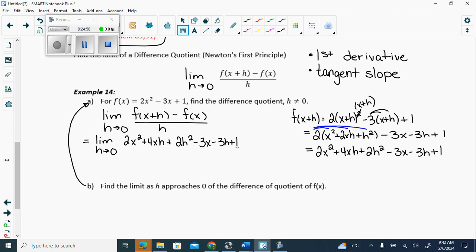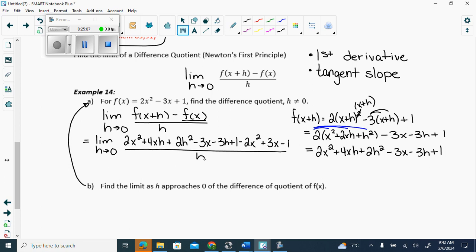So I'm not going to use a bracket, I'm just going to subtract all of f of x, okay? So f of x is 2x squared minus 3x plus 1. When I subtract that, I'm going to get minus 2x squared plus 3x minus 1 all over h.